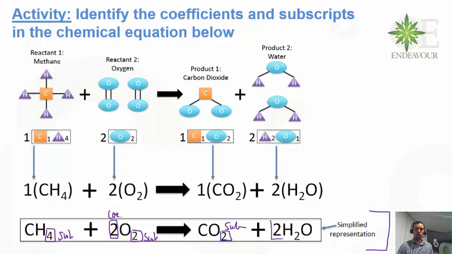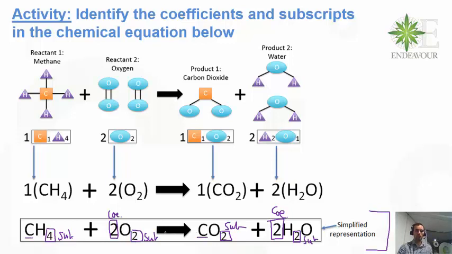The coefficient of 2 out the front of the H2O, what does that tell you? Well, it tells you that you've got 2 lots of H2O, and within that H2O, there are going to be 2 hydrogen atoms in each one of those. And for all these atoms where there was no subscript, we just say that there's one of these.